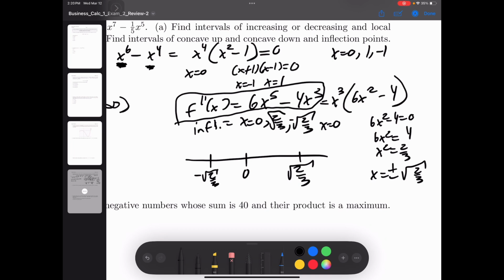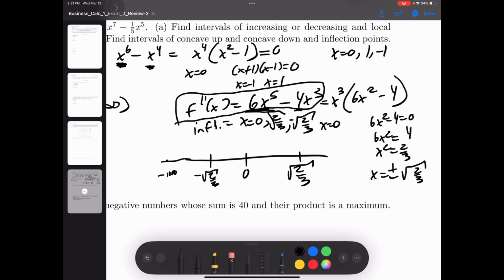And so I need test points again. I'm going to plug in something really, really small, like -1,000, something really, really low. If I have negative something really big, I'm going to get something that is very negative, because -1,000 plugged in here is going to be a really big negative number.